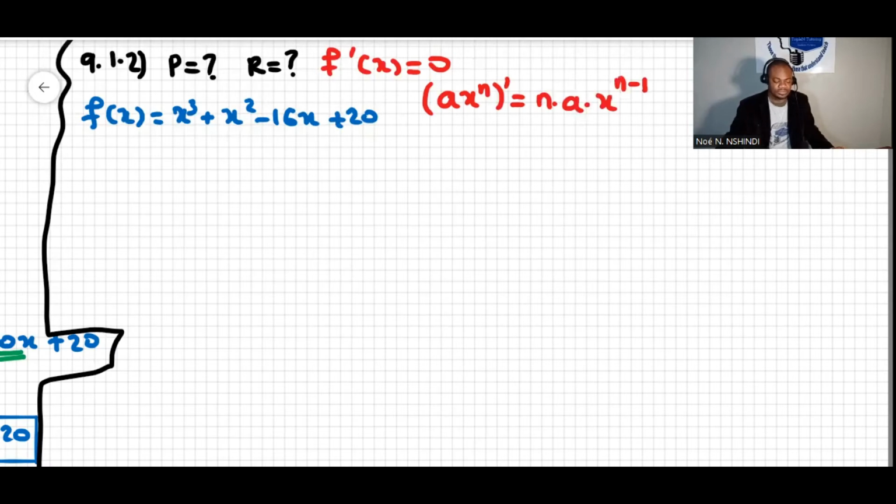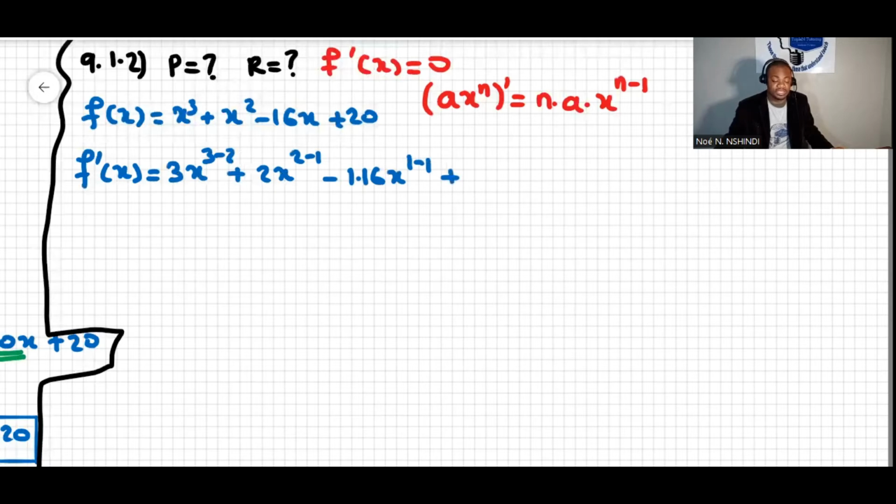So f prime of x will be, for the first one, 3x to the power of 3 minus 1, plus 2x to the power of 2 minus 1, minus 16, 1 times 16x to the power of 1 minus 1, and then plus the derivative of a constant, which is just equal to 0.